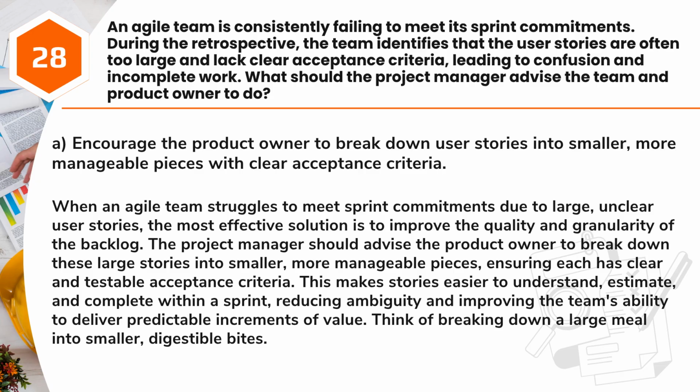The project manager should advise the product owner to break down these large stories into smaller, more manageable pieces, ensuring each has clear and testable acceptance criteria. This makes stories easier to understand, estimate, and complete within a sprint, reducing ambiguity and improving the team's ability to deliver predictable increments of value. Think of breaking down a large meal into smaller, digestible bites.